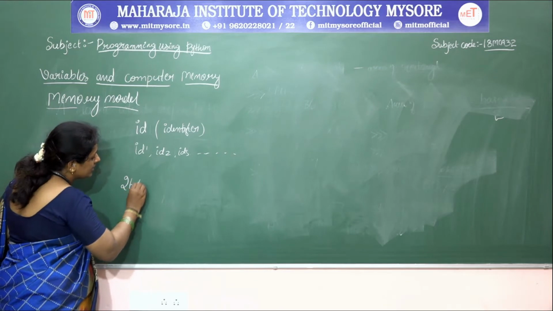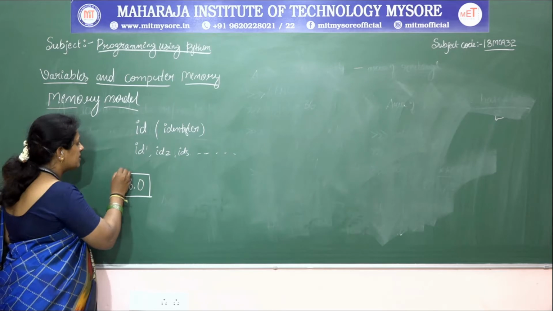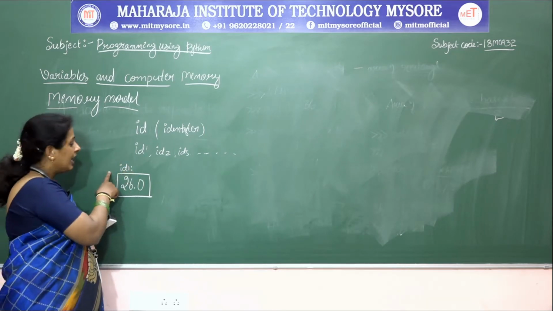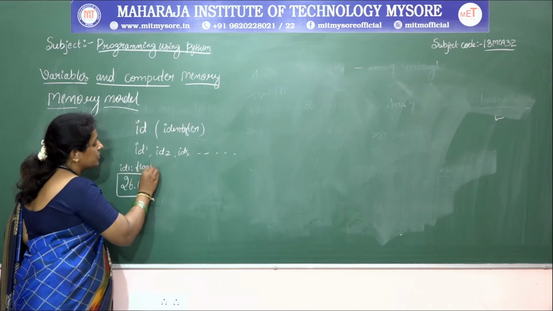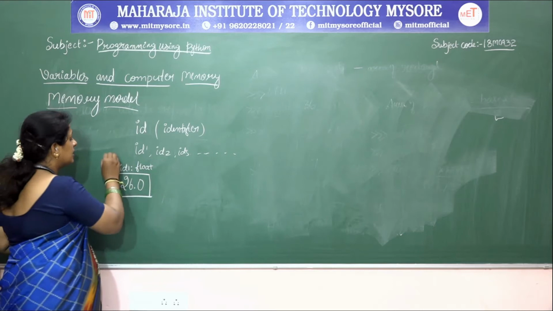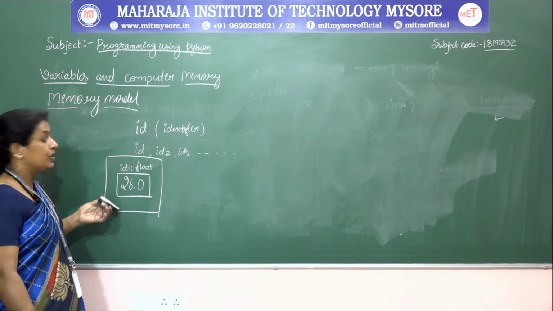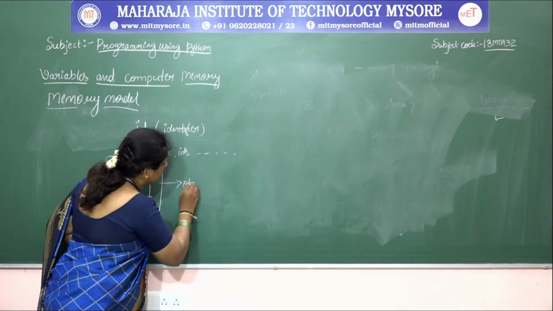So 26, this is the value. Okay. So this is the address of this value, that is id1, and which is of type float. So this representation, the memory representation with respect to a value, we call an object.